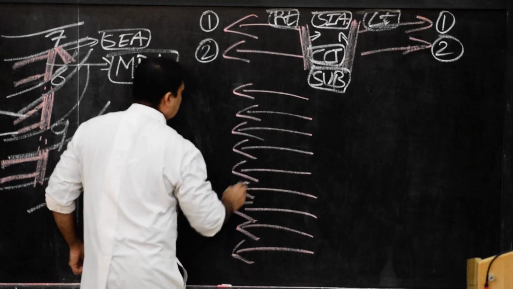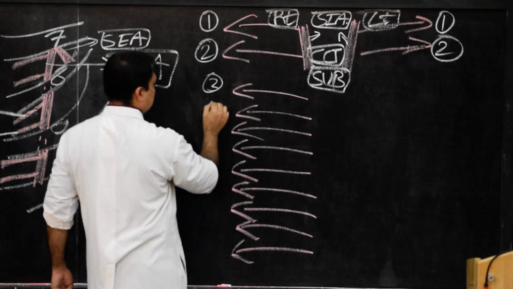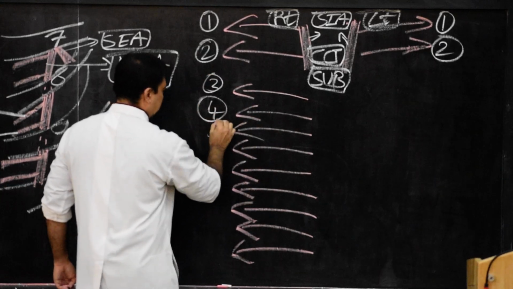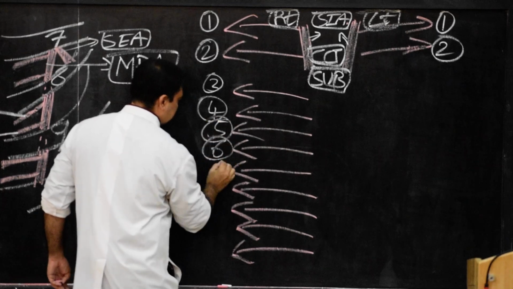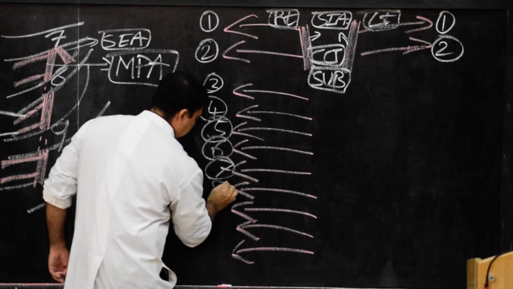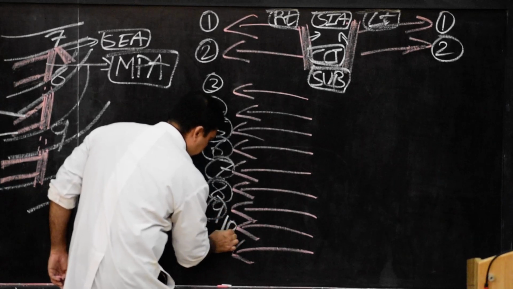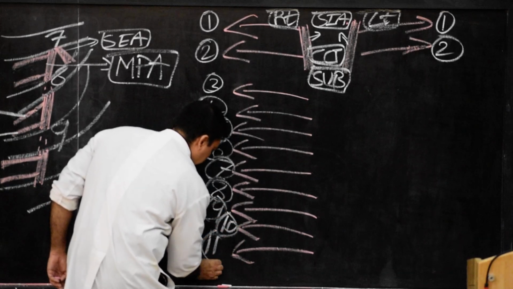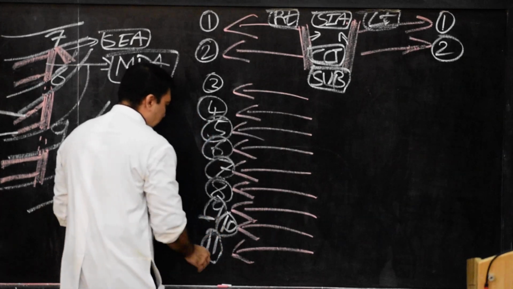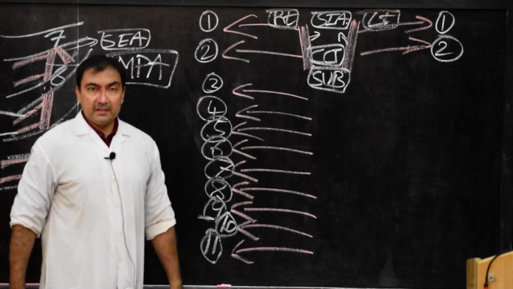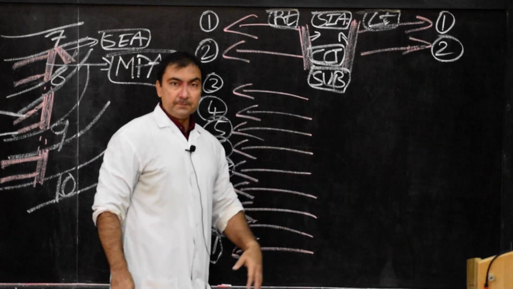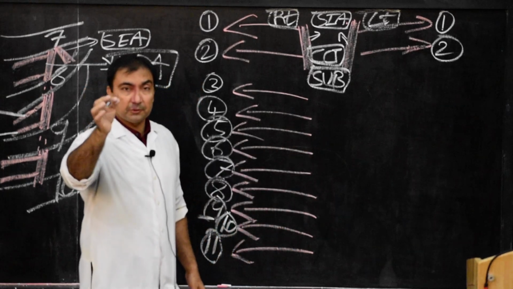So all these in sequence: 3, then 4, then 5, then 6, then 7, then 8, then 9, then 10 and 11. All these posterior intercostal arteries on right and left are branches of the descending thoracic aorta.